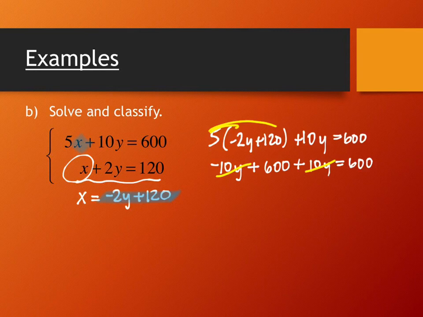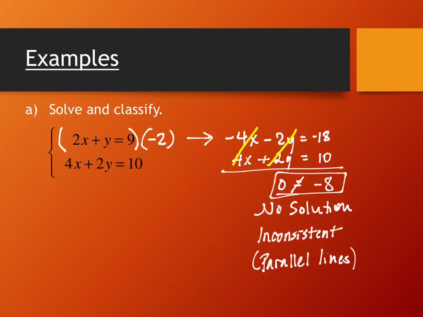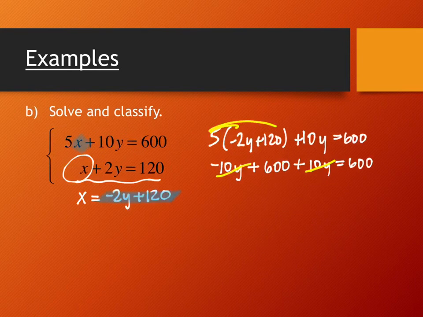There's no more variable in my equation, just like what happened over here. However, what number remains on the left? 600. What number remains on the right? 600. And is this equation true? Yeah, that's a true equation.